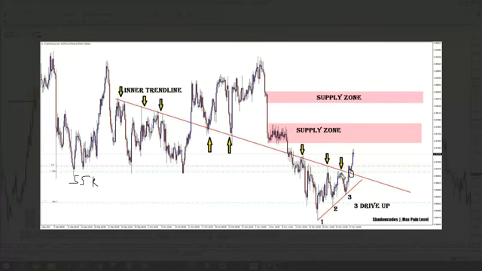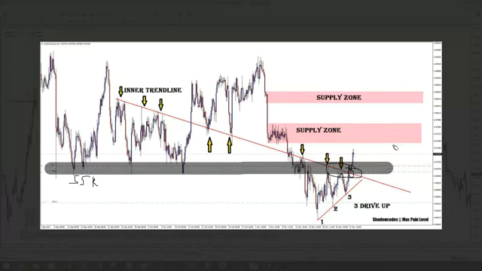So over here is a resistance become support entry. Over here is the trade. I analyze it here, but for the probability for the trade to work well, I'm looking for this zone. So this is a type of setup that I usually do.